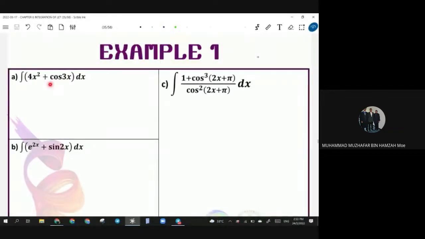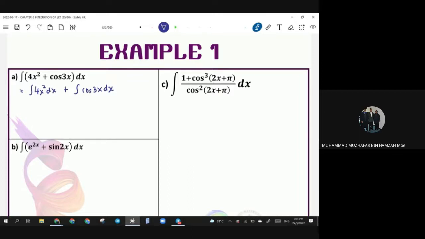Basically you can choose to split the integral, so kita ada integration of 4x squared dx plus integration of cos 3x dx. So this can be your first step, but you can choose to not split the integral.